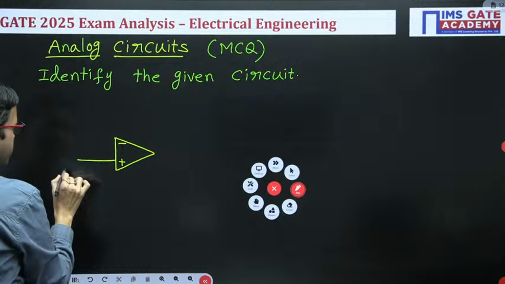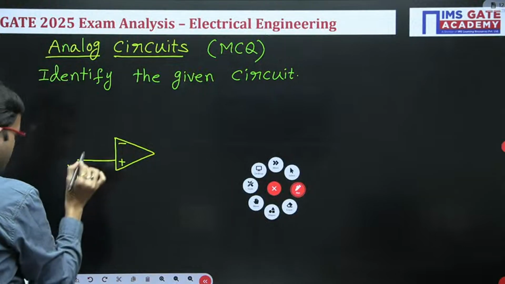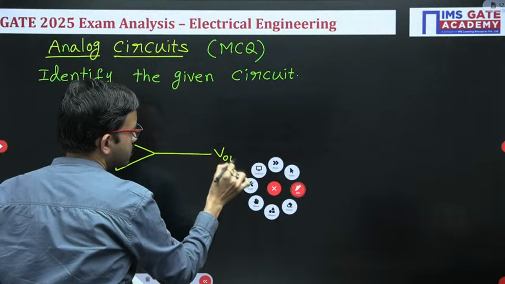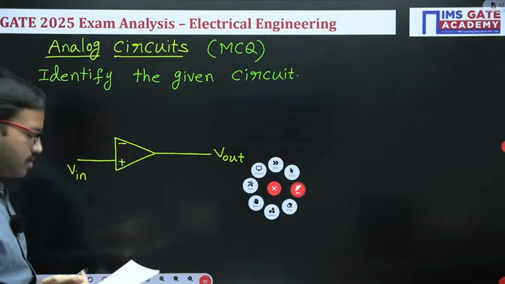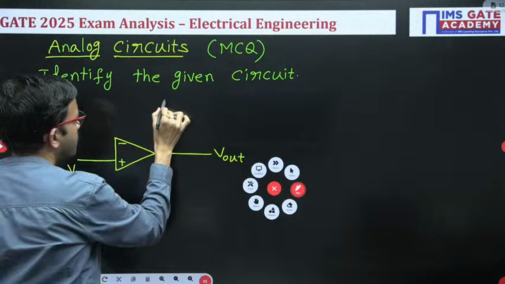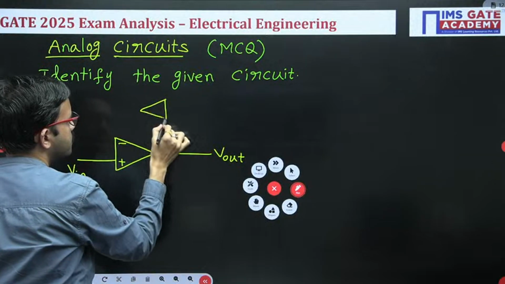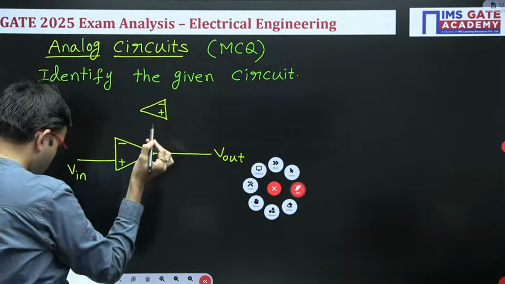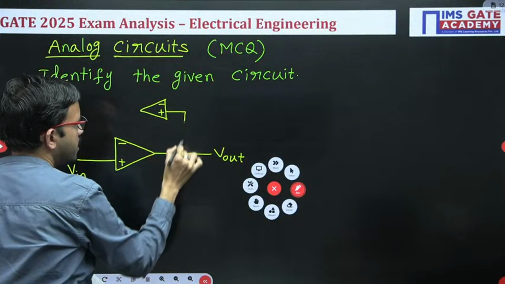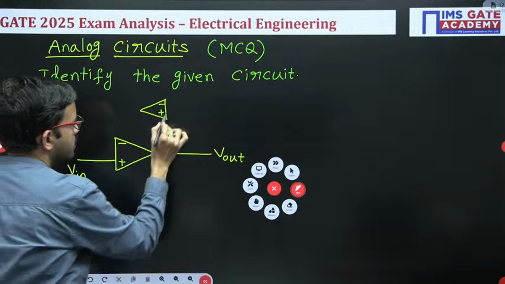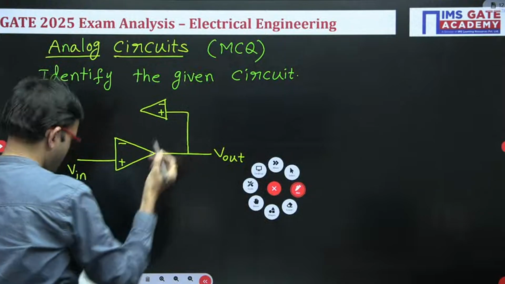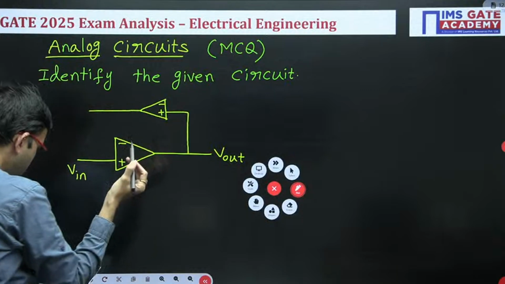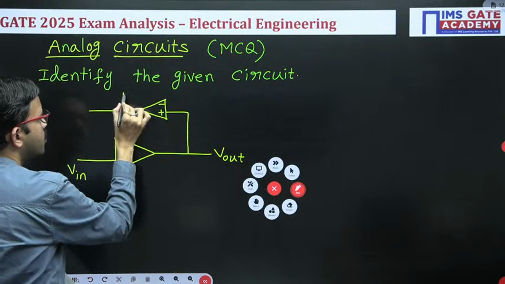Here the input is V in, the output of this op amp is V out, and here you have one more op amp. Here the positive terminal is connected like this, and the negative terminal is connected to the output of this op amp.